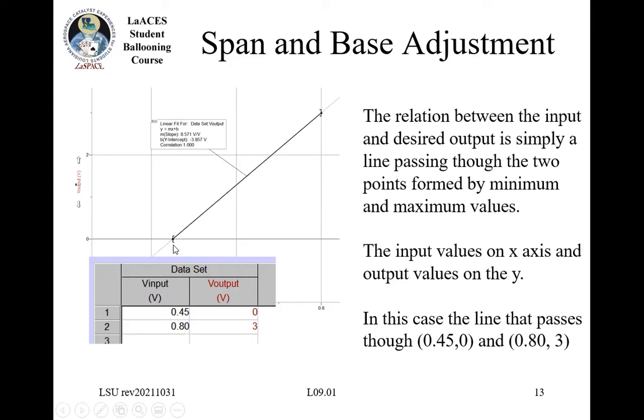Then you have 2 points, and either I can manually calculate the slope and intercept, the equation of that line, or more likely I'll plug it into some graphing software and have it give me the equation of that line. In this case, the slope is about 8.5 and the intercept is about -3.